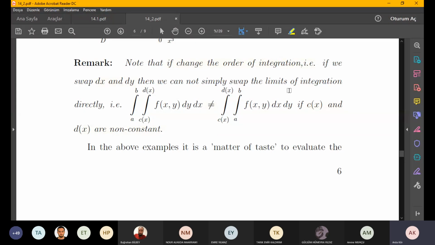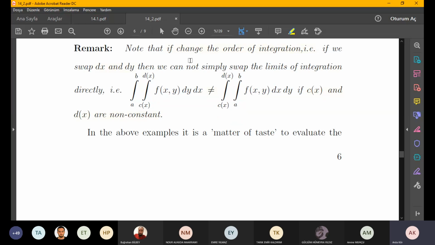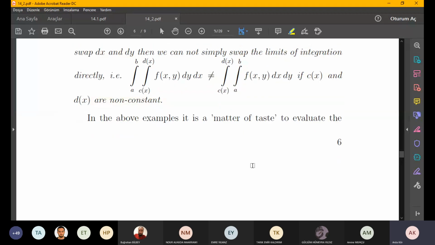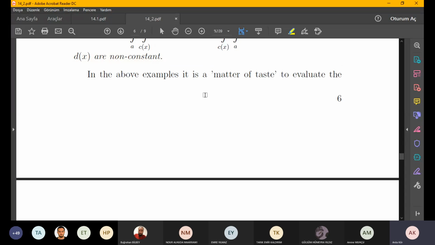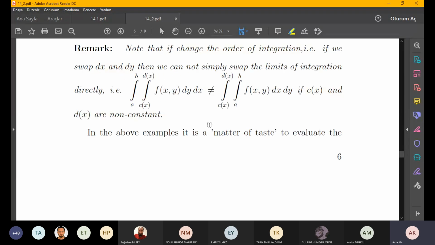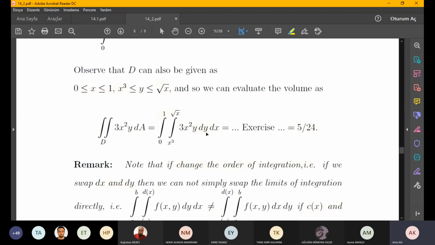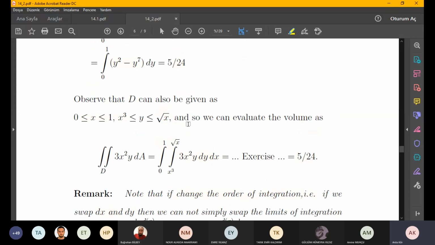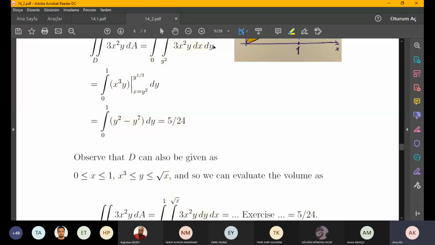And of course, you can ask, how can we decide if we have dx dy, so if you have first x and then y integration, or dy dx. How can we decide the order of integration?